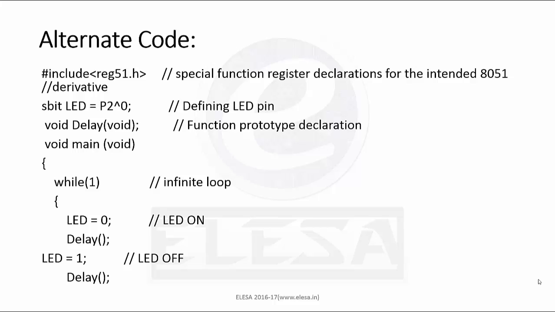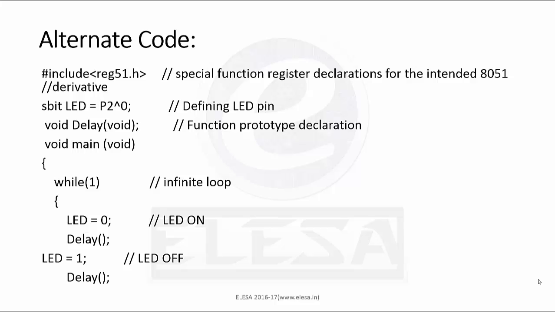We have just seen the program and simulation for toggling all LEDs connected to port 1. But if we want to flash just one LED at any pin of some port, then we can refer to the following program. In this program, basically everything is the same, but we just define pin 0 of port 2 to be toggled by the command sbit LED = P2^0. sbit stands for single bit.